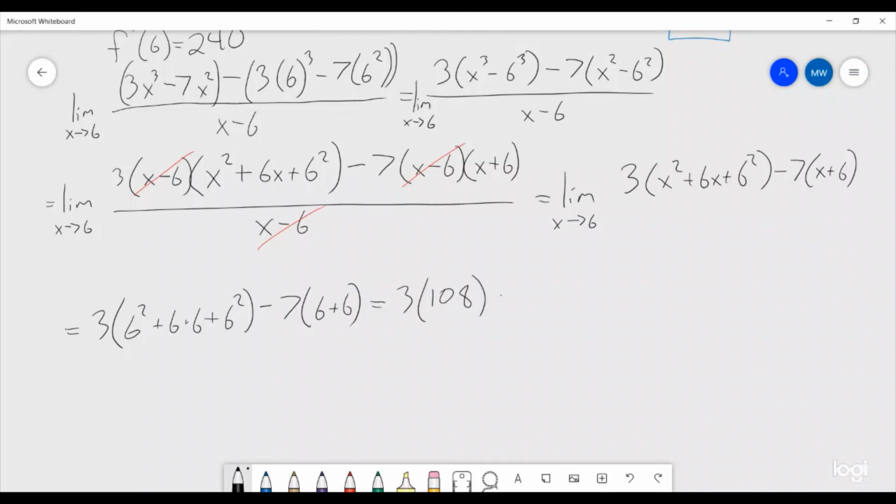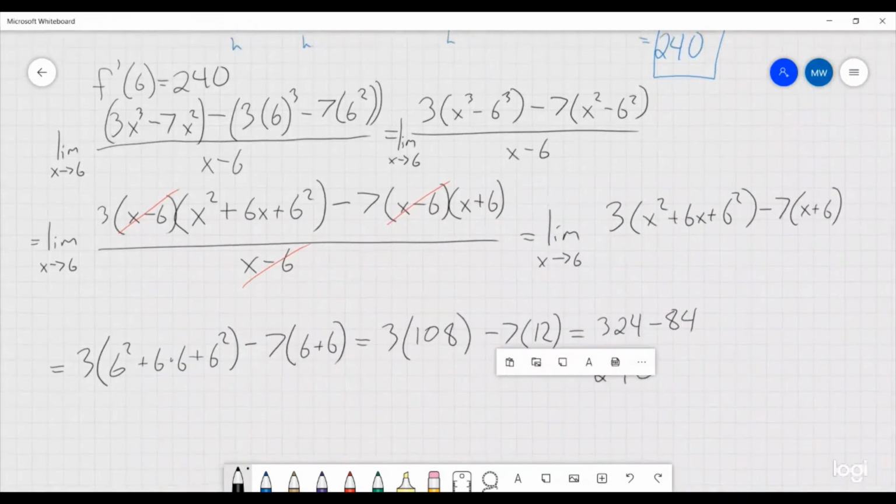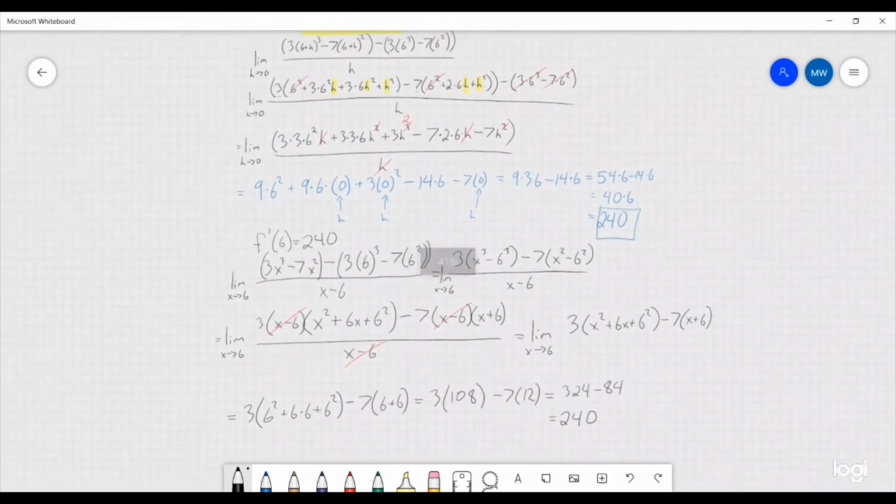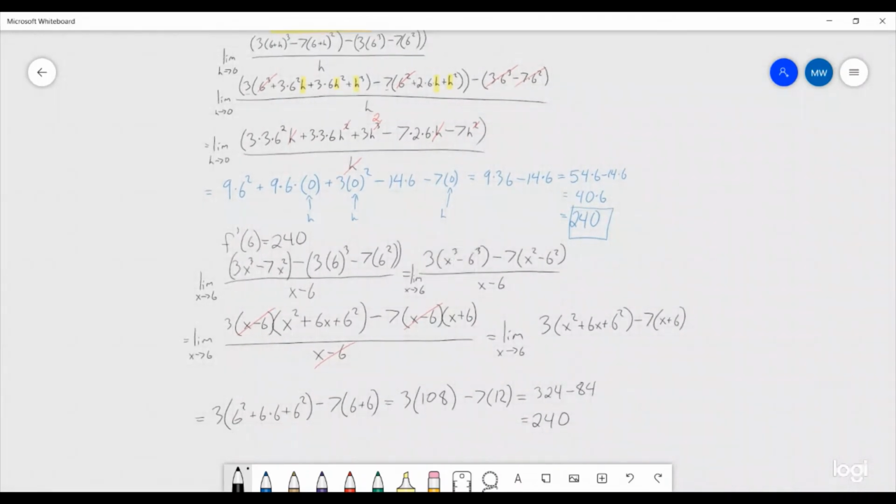Minus 7 times 12. So this is equal to 324 minus 84, which equals 240. So you see, it doesn't matter which method we use, we get the same value for both limits.